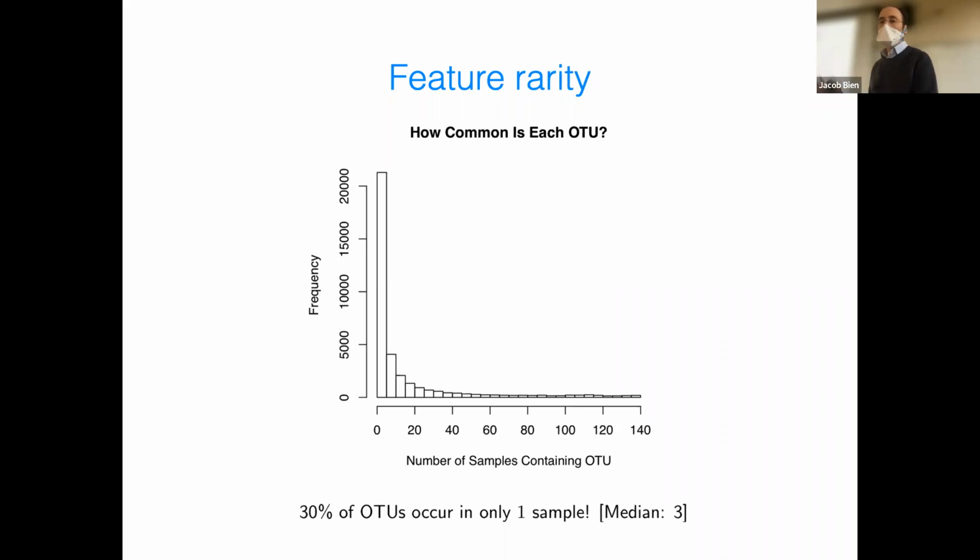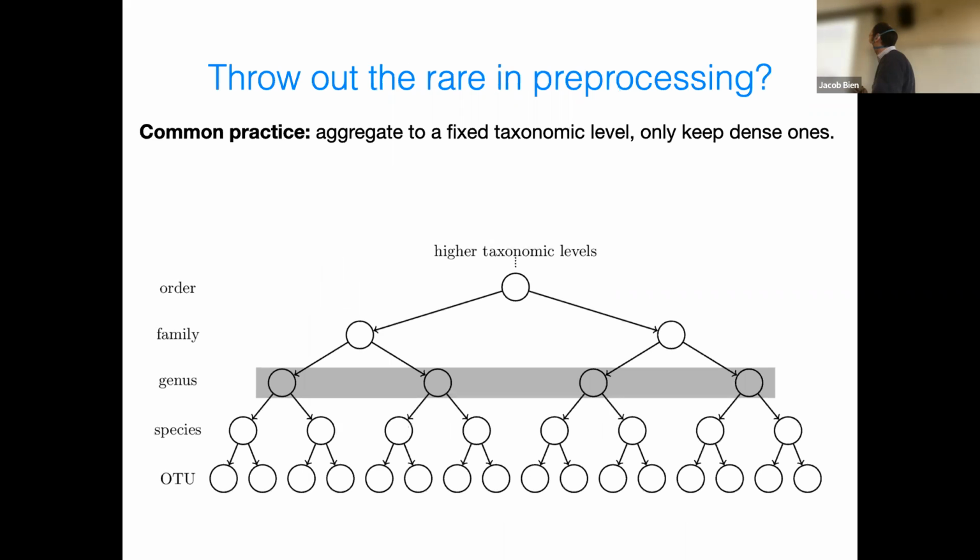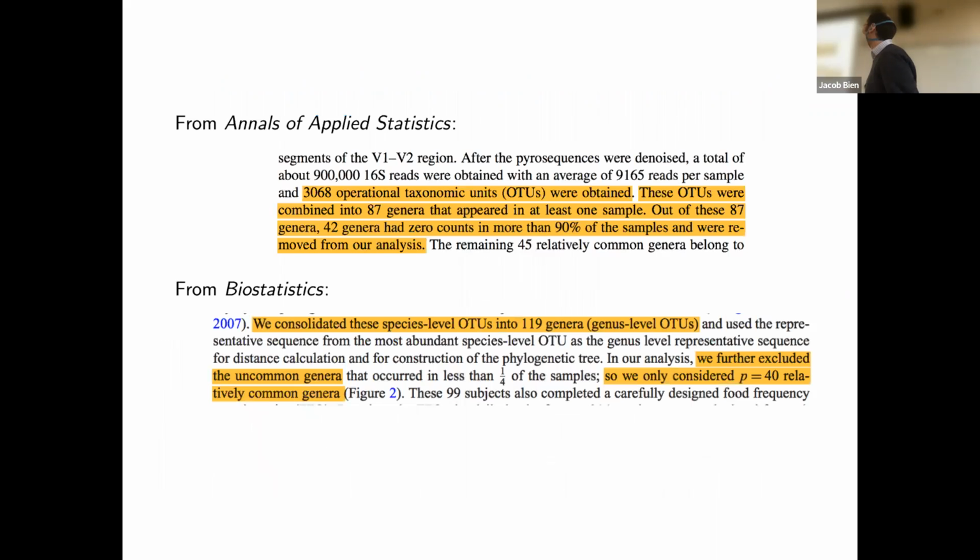Okay, so obviously this is a very big field, so people do a lot of different things, but one common practice is some kind of aggregation and some kind of throwing out of rare things. So, for example, one might aggregate up to genus level, and then only keep the genera that are commonly occurring enough. And so, just various examples of what this looks like.